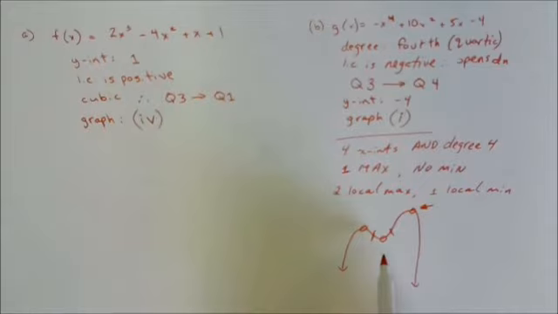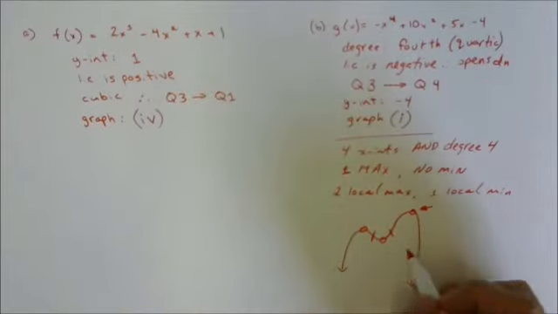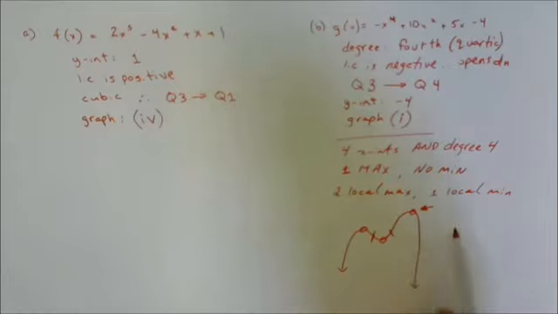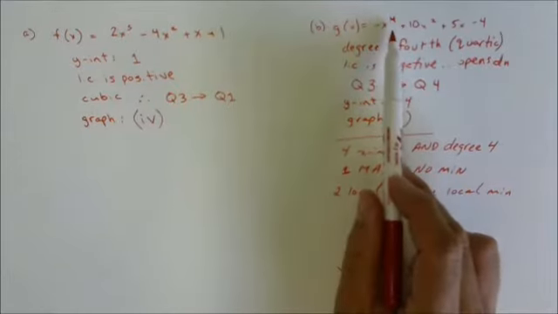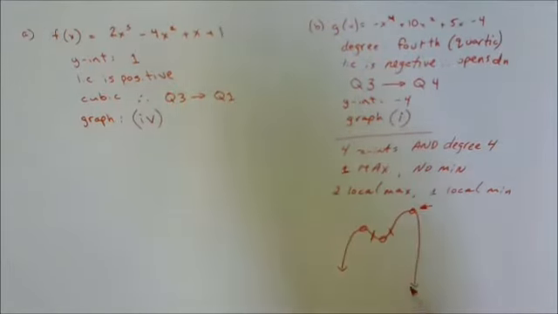Okay, so notice that between the local max and mins, there are 3 total, which is 1 less than the degree. So the graph of a quartic can have up to 3 local max and min added up.